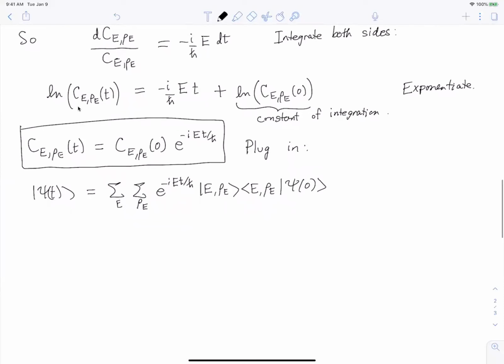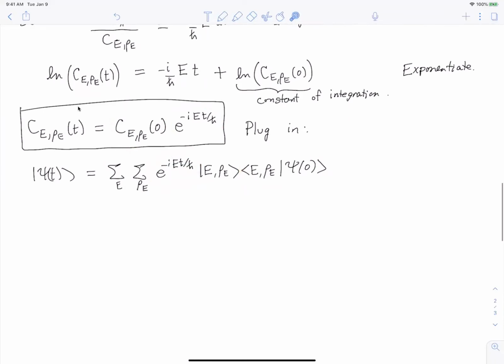Okay, this inner product here is the same thing as that, and then the exponential got written here. So we've solved the equation. Oops, this is the solution.